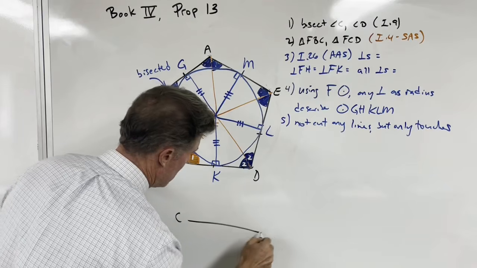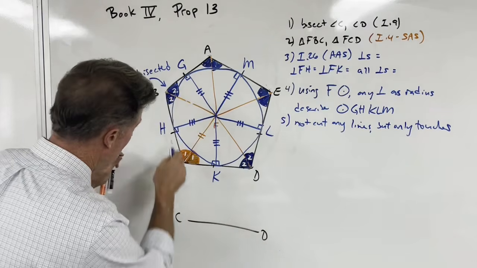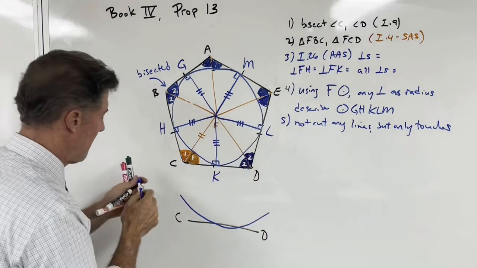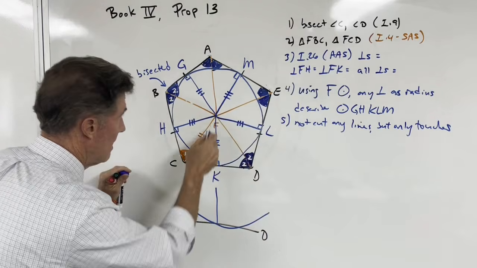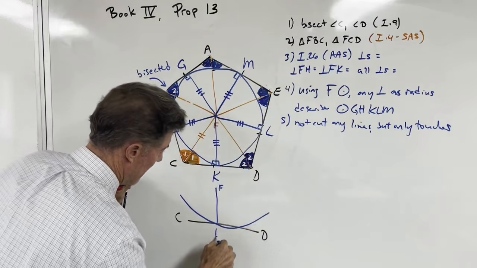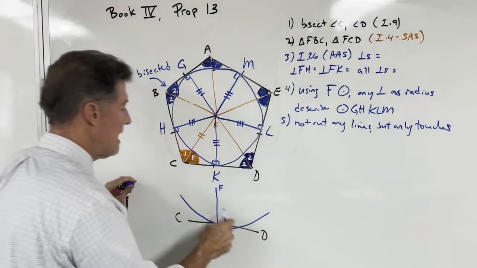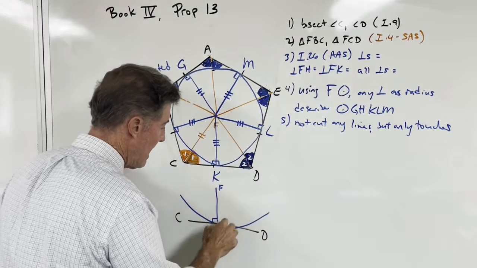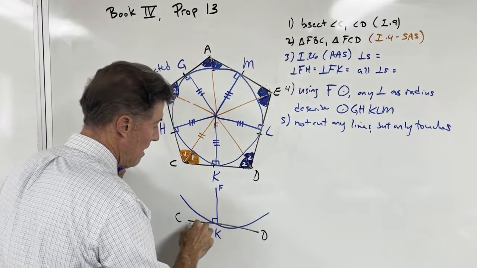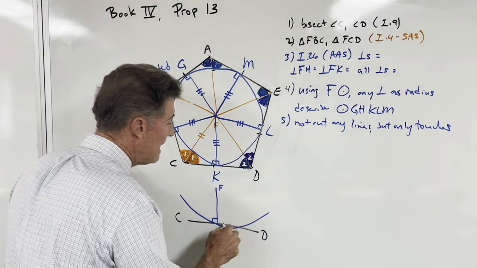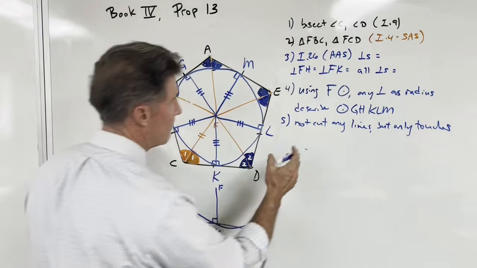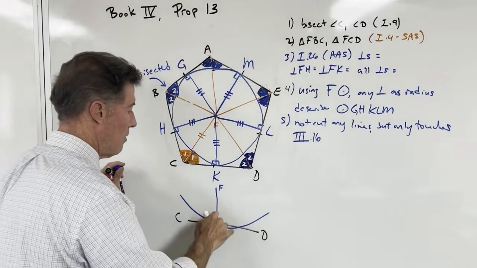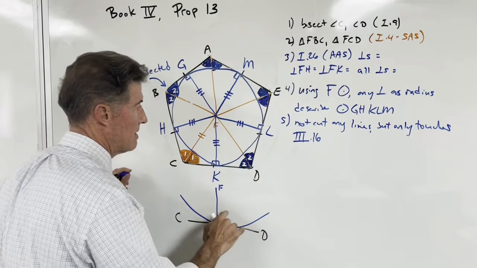If this were CD, and if our line here, FK, when I drew FK it cut line CD, then we would have a line drawn at right angles to the diameter, which is the tangent line, but it would be falling inside the circle, which we know is impossible according to book 3, prop 16, that this right-angled tangent line will not fall inside the circle.